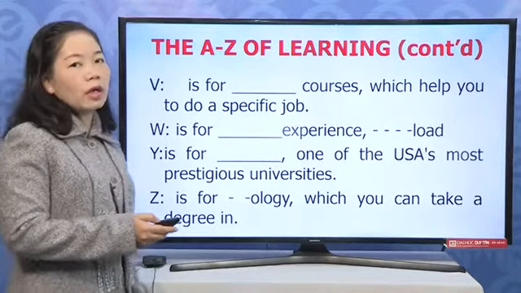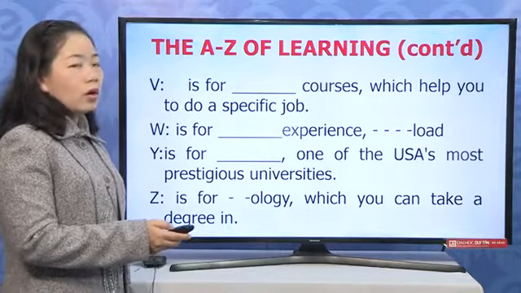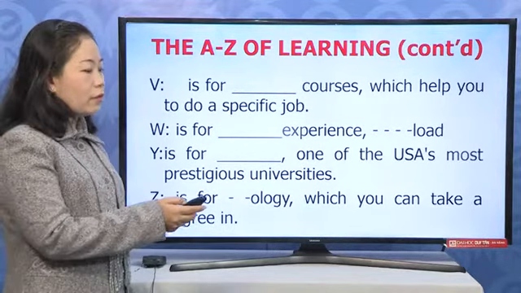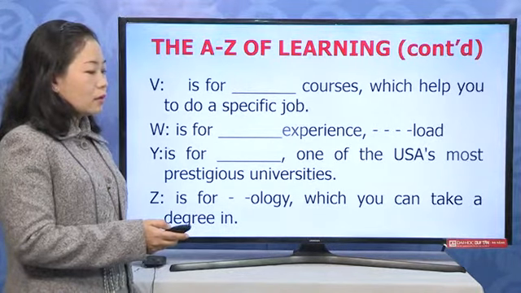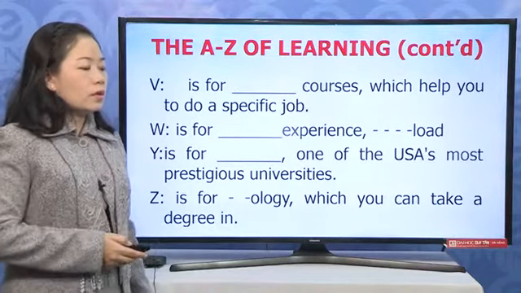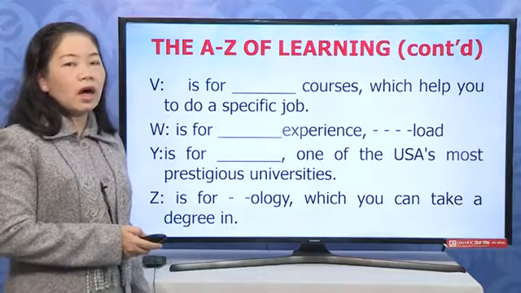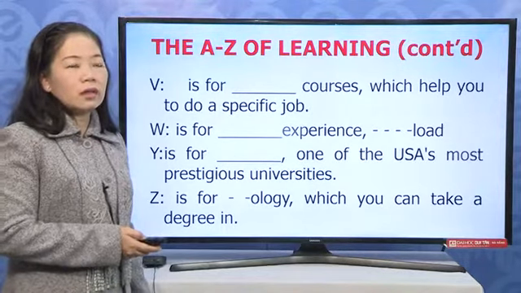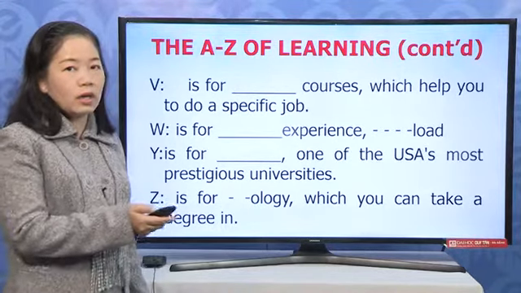And then you go on until you finish the quiz through to Z. Z is for zoology, which you can take a degree in. It's a subject, a science, zoology.